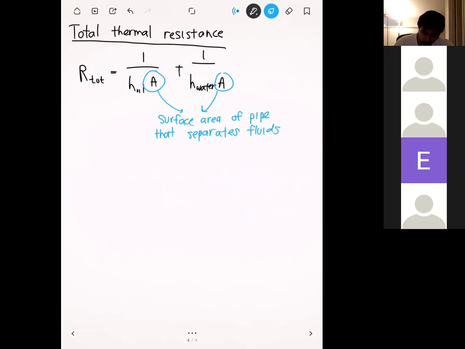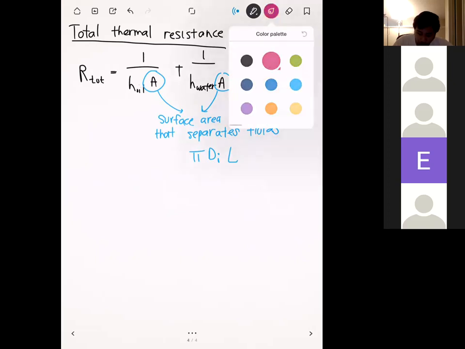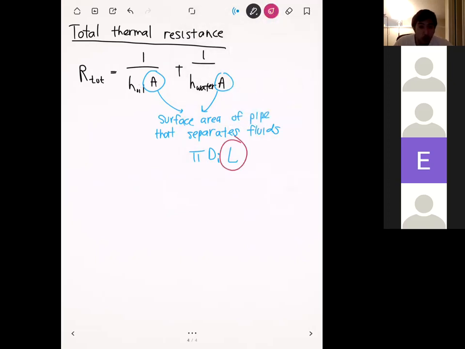That surface area is just the perimeter of the pipe times the length: pi D_I times L. Remember, L is our unknown, ultimately what we want to solve for. We won't be able to compute this yet, so let's stash it in the back of our minds and come back to it later.